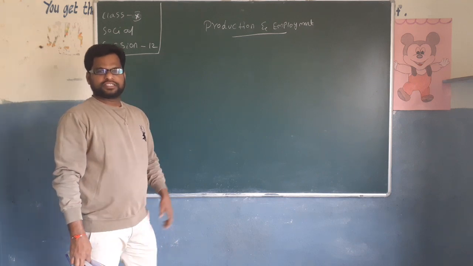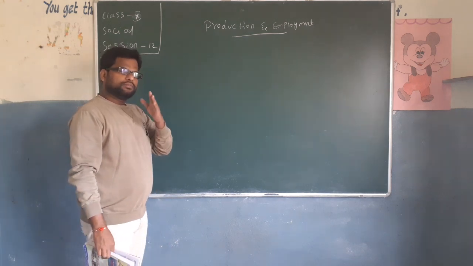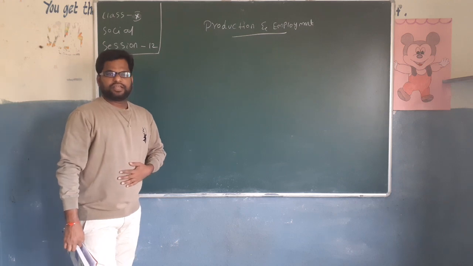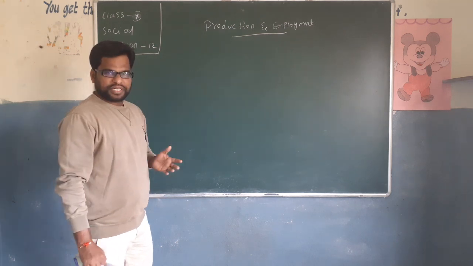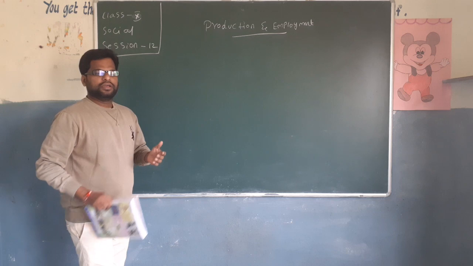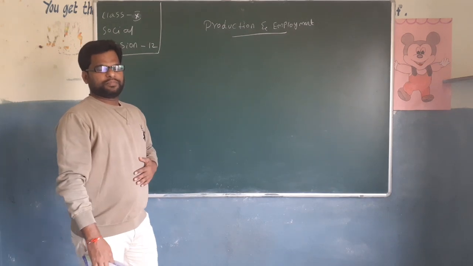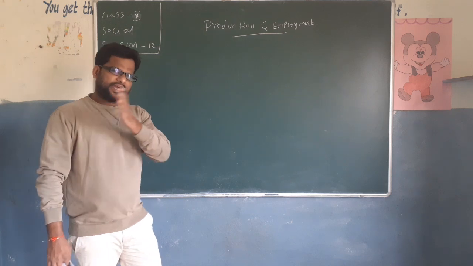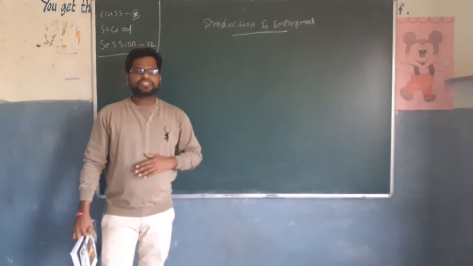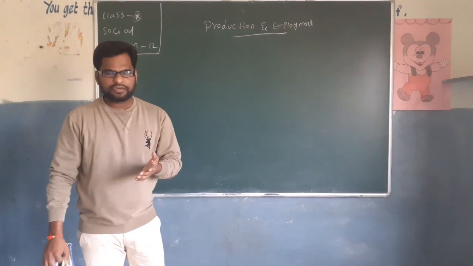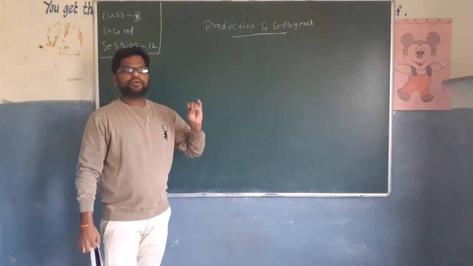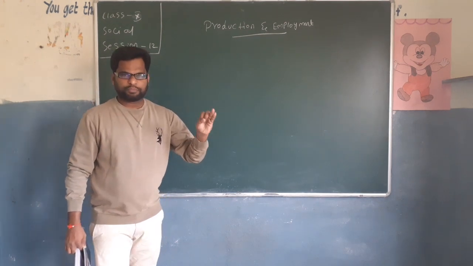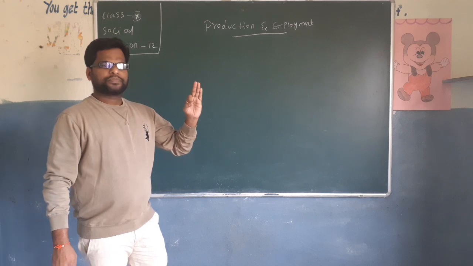So far we have discussed about GDP, how we estimate GDP, with a few years' comparison. Now, similar to that, we will discuss GDP estimation in the form of production, in the form of employment, in the form of agriculture.